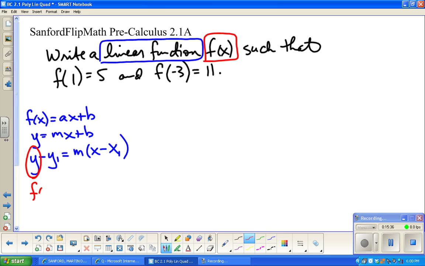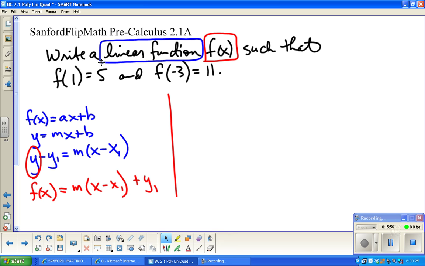I want to write f of x, and it is not really good form to leave that minus y1 on the same side as f of x. So we could adjust this just a tiny bit and write it in that form. So here are the options for a linear function, f of x.